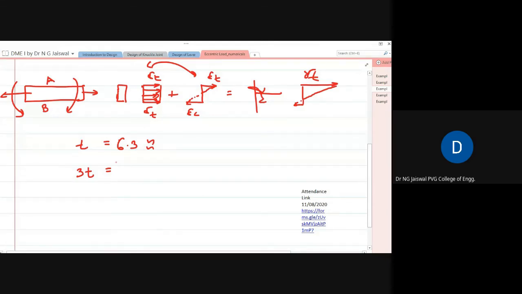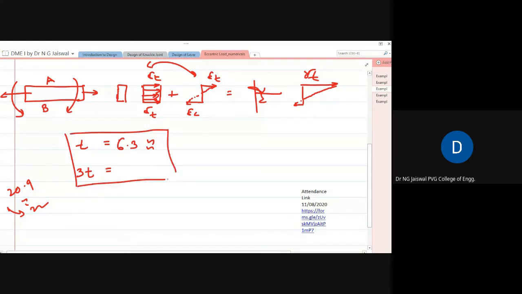Let it be 6.3, no problem, because this is a very small dimension, 6.3 mm. If it is suppose 20.9 mm, then you can make it 22, no problem. But if it is a very small dimension, then the next rounding off will give some large difference. So you can let it be 6.3, and accordingly whatever number you get for 3T, that becomes your answer.